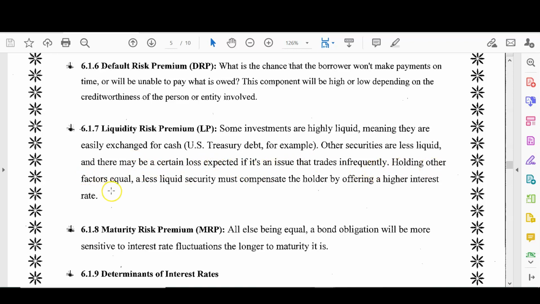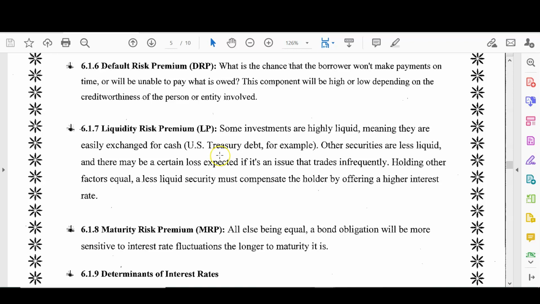Holding other factors equal, a less liquid security must compensate the holder by offering a higher interest rate. Question here: what is the most liquid asset? It is cash. And the liquidity risk of other assets depends on whether it's easy for you to trade those assets into cash.